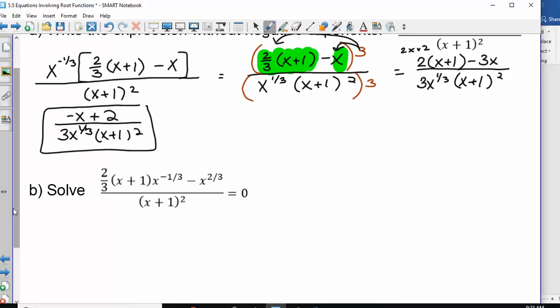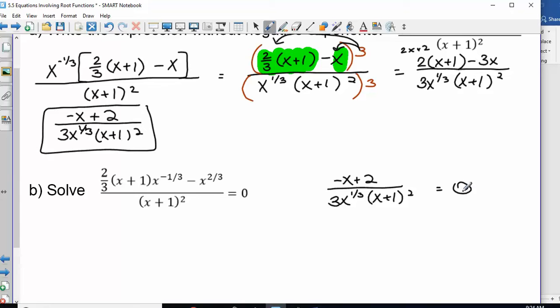Part B, I'm asking you when this equals 0. So we are going to use our answer to part A to do that. I am just going to set this fraction equal to 0. Now when we were doing this in the last chapter when we were graphing our rational functions, we said that in these fractions, the very first thing you would do is multiply your denominator over to get rid of the fraction.